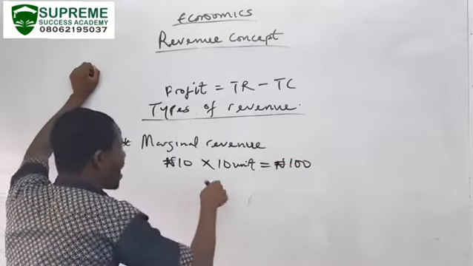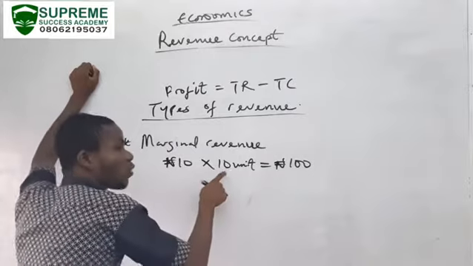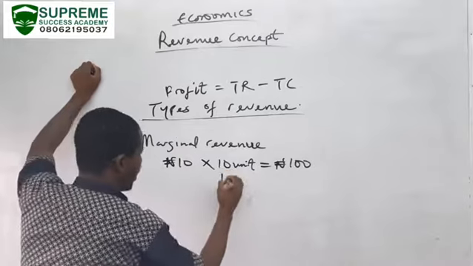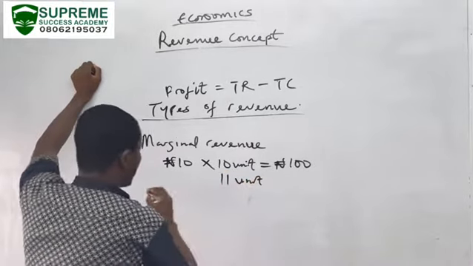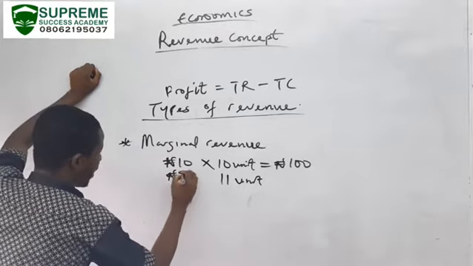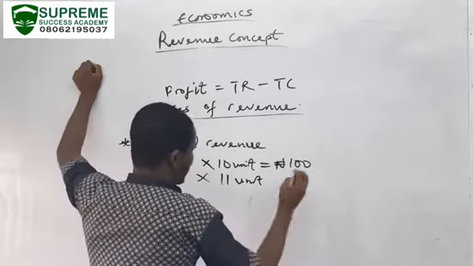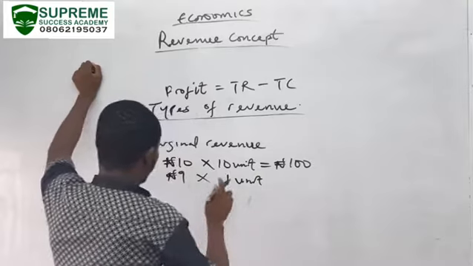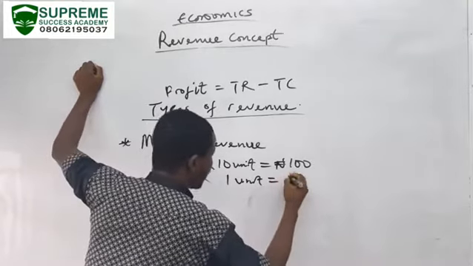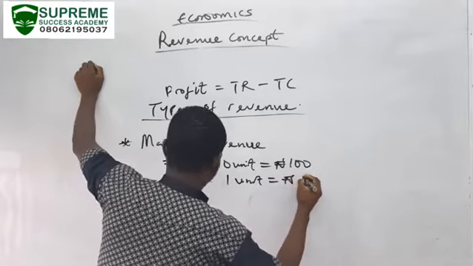So there is an increase in production from 10 units to, let me say, 11 units. For that additional unit, let's assume the price is just 9 naira. So in this situation, we have 9 multiplied by 1, which gives us 9 naira.